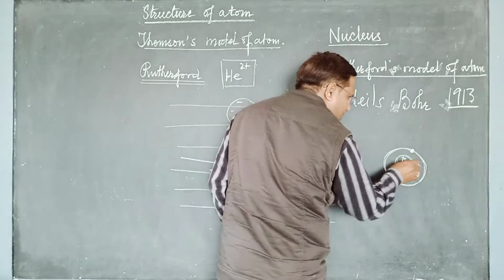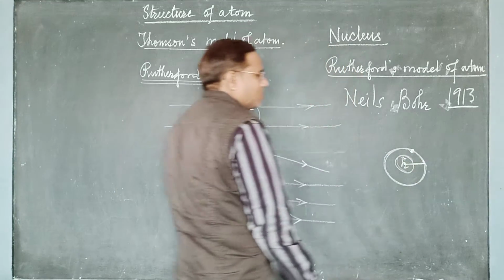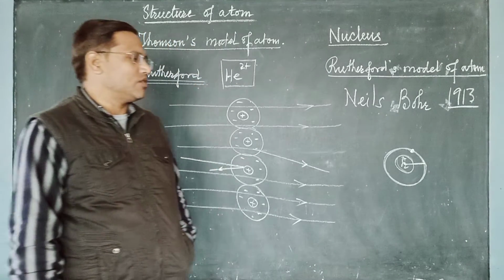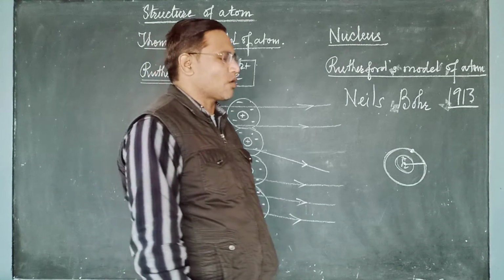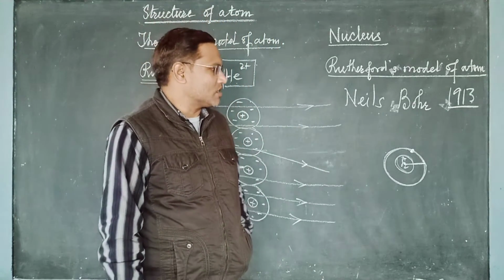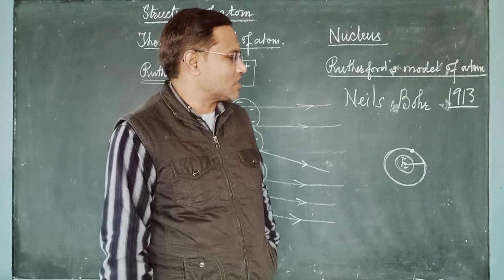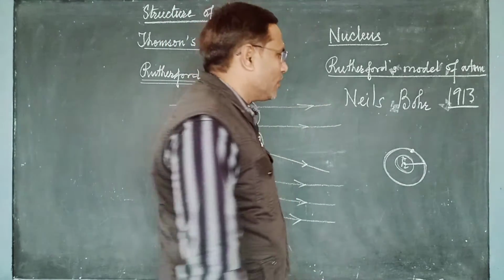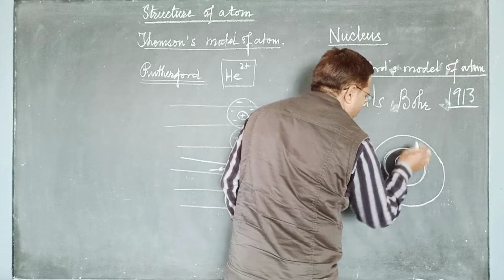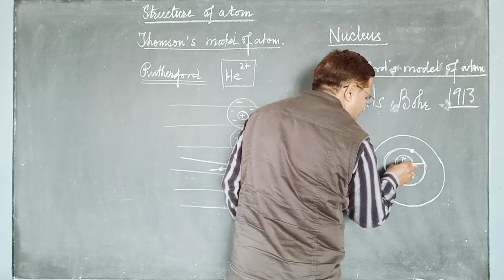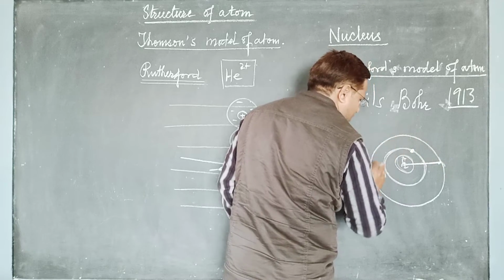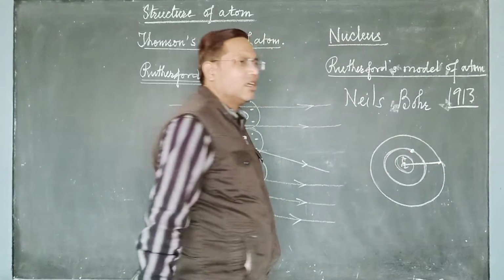The linear distance between this center and the orbit is known as the radius of the atom, or it is considered as the distance between the center and that shell. If we have another shell, one more orbit, then from the center up to this distance will be the radius for this shell, for this energy level.